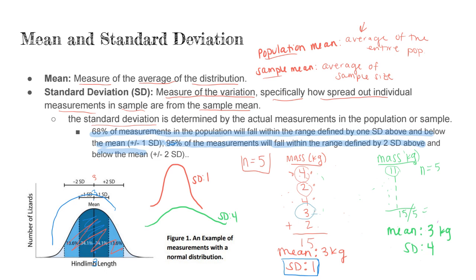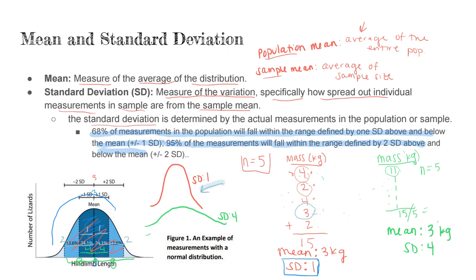If we were to show that curve between these two different data sets, the red data set is going to be steeper because the standard deviation, both sides from the mean, is only 1. So then 2 standard deviations would be 2 on each side, as opposed to that green population, 1 standard deviation equals 4. And 2 standard deviations from the mean, it would be 8 from the mean on each side.